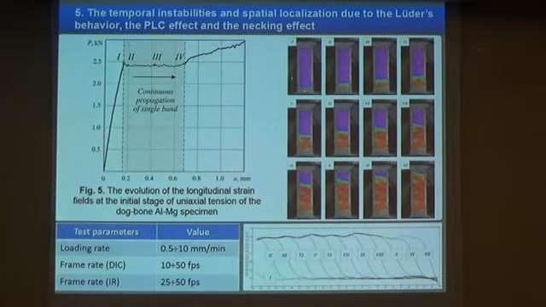As you can see, there is an evolution of the longitudinal strain fields at the stage of yield plateau forming. Here it is an illustration. It is a set of profiles which are calculated along the gauge length of the specimen at equal time steps.